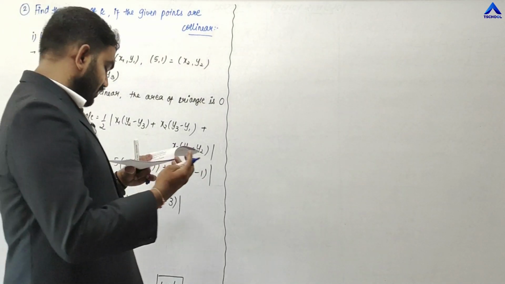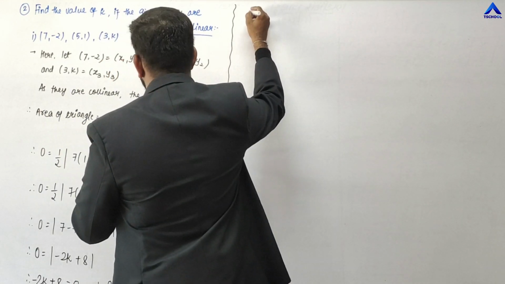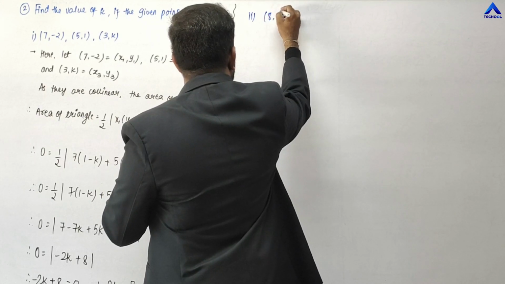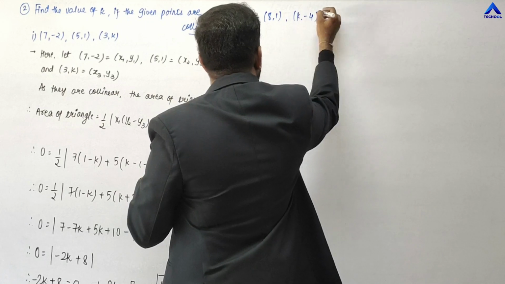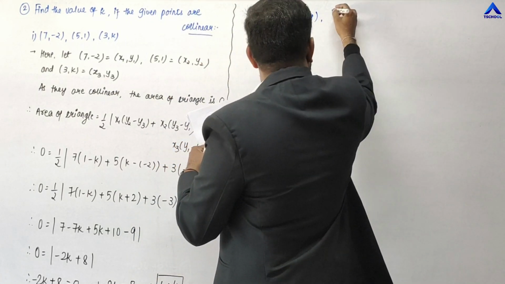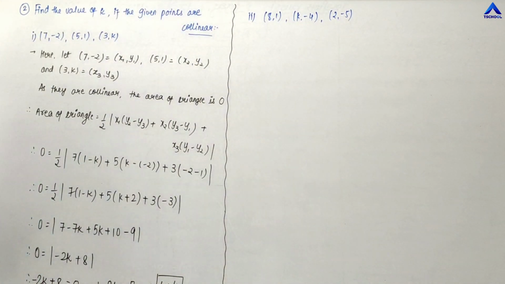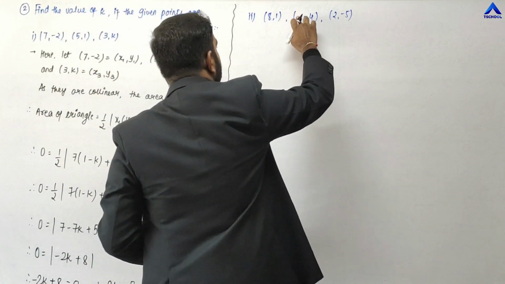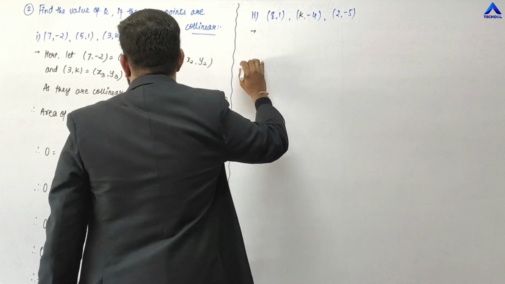Okay, now I'm having another question, that is the second one. The vertices given are 8, 1, k, minus 4 and 2, minus 5. Right? We need to solve this question here again, given that these points are collinear. So if these points are collinear, then area is equal to 0.